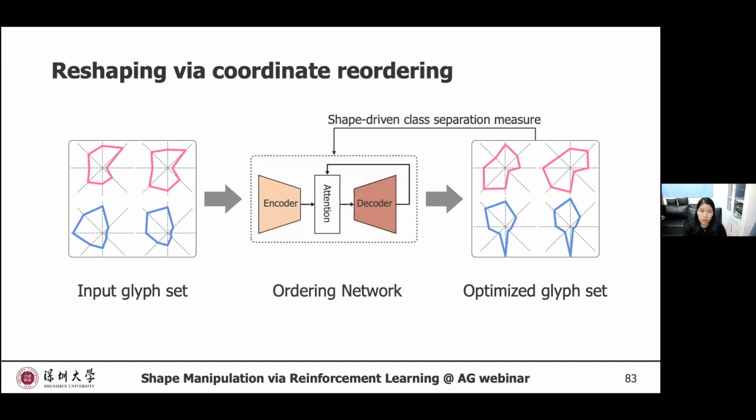As I mentioned, the goal is to maximize the visual class separation. So we define a shape-driven class separation measure as the reward. And the first keyword is shape-driven.